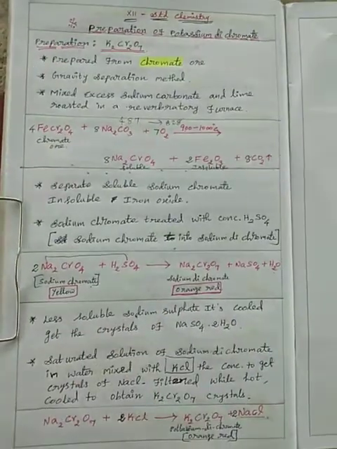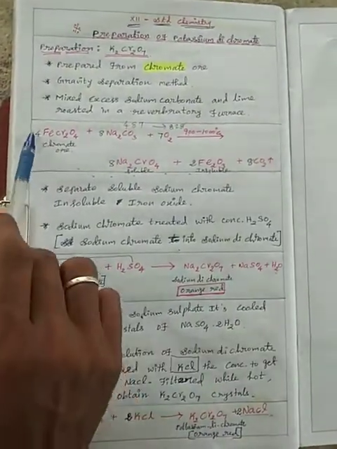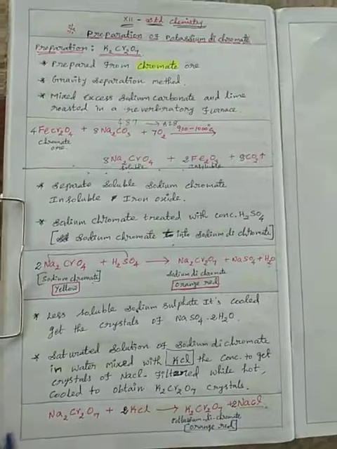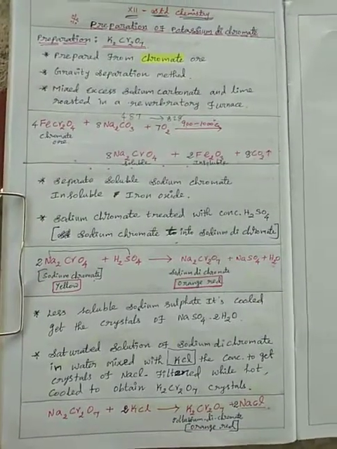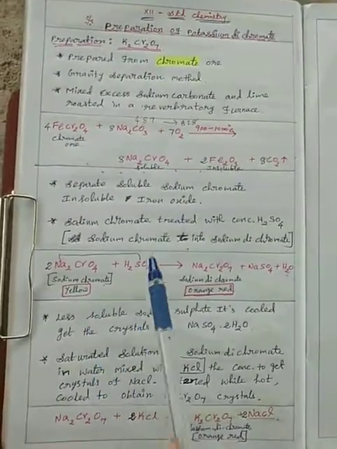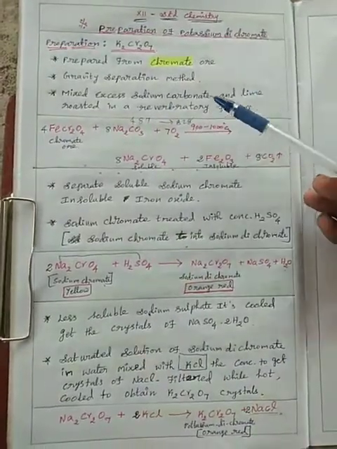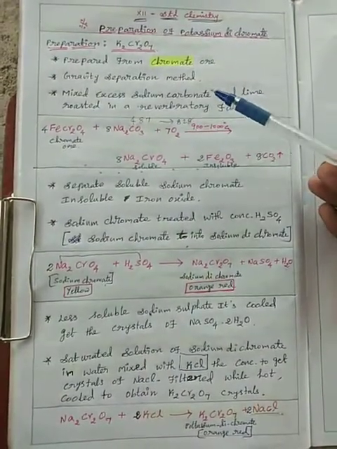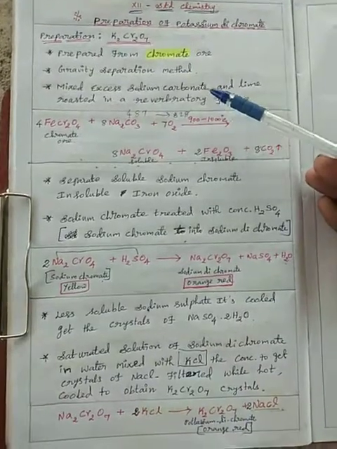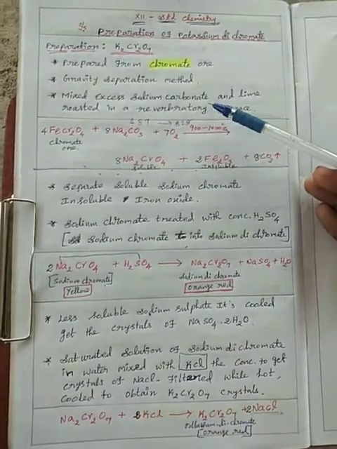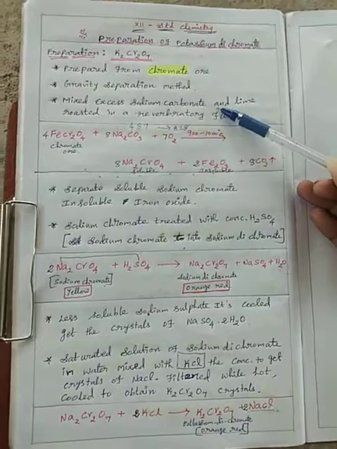In the exam, equation 1 and equation 2 are used, and equation 3 is also very important. There can be one word questions, such as which method is used to prepare potassium dichromate: gravity separation, froth flotation, or magnetic separation.